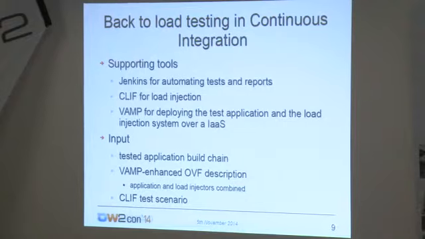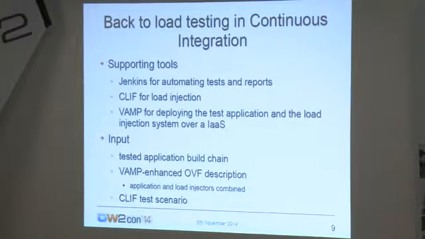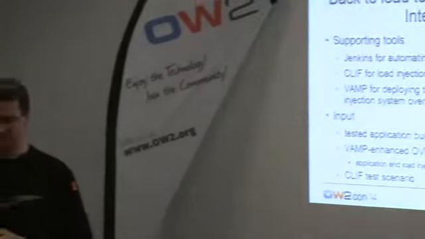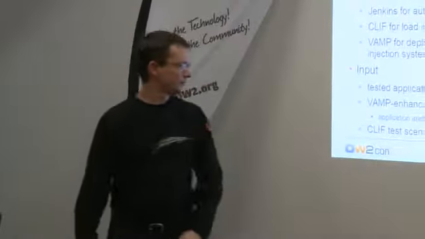So now we'll consider that the application to deploy is the composition of the system under test and of the load injectors. And we also have to provide the CLIF test scenario in terms of, for example, virtual users that will perform requests, think times, and the very usual things about load testing.